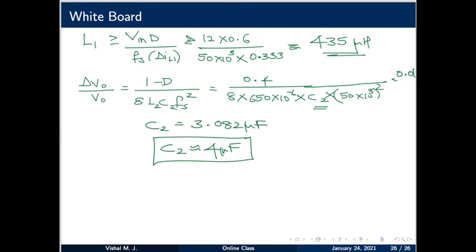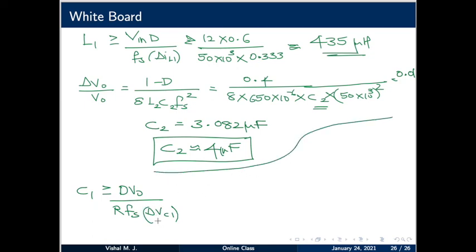Now, the only thing pending is C1, for which they have specified the allowable voltage ripple across C1 is 5%. Using the same analysis, we have derived the formula as the last step: C1 equals D V0 by R Fs delta Vc1. Remember, delta Vc1 is not a percentage, it is the absolute value of the ripple voltage.